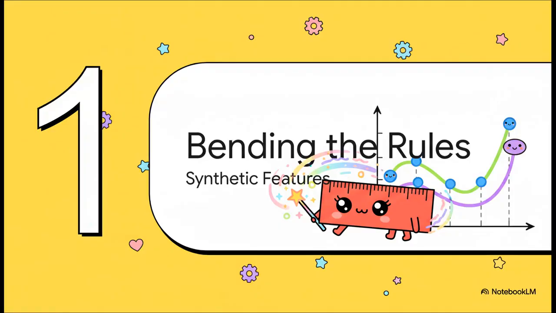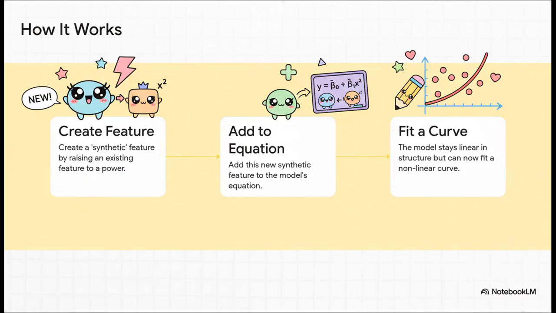But what if we could give our linear model a little superpower? What if we could let it bend the rules, just a bit, without completely breaking them? Well, that's exactly what polynomial feature transformation does. It is such a clever trick that lets our straight line model suddenly see and fit all those curves in our data. And you know, the way this works is actually surprisingly simple. First, we just cook up a new, what we call a synthetic feature.